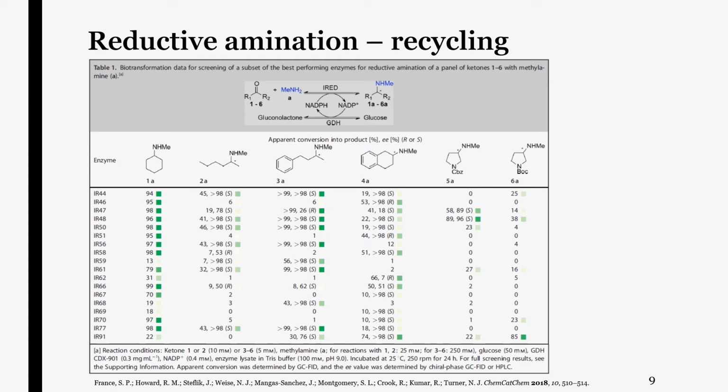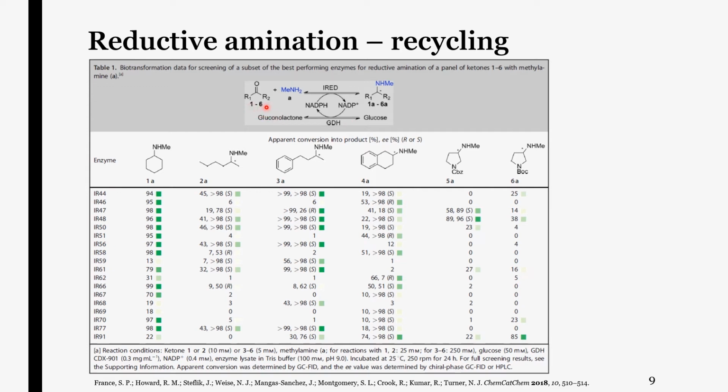Imine reductases are NADPH dependent, and the cofactor is oxidized to NADP+. Different research groups also investigated recycling this cofactor. And here Nick Turner investigated different kinds of enzymes, and they recycled it with a glucose dehydrogenase.